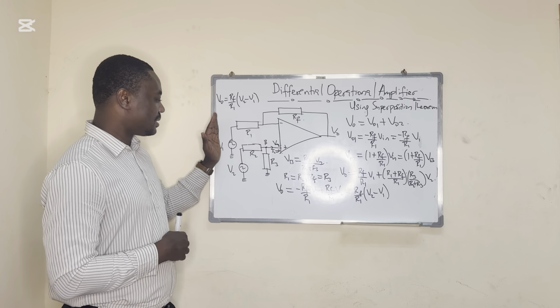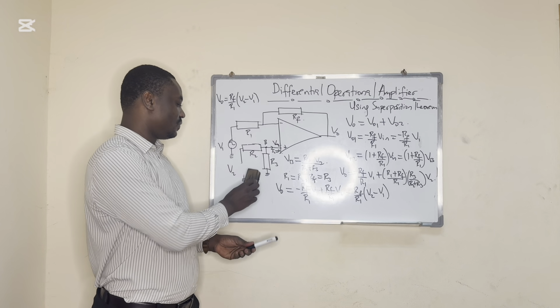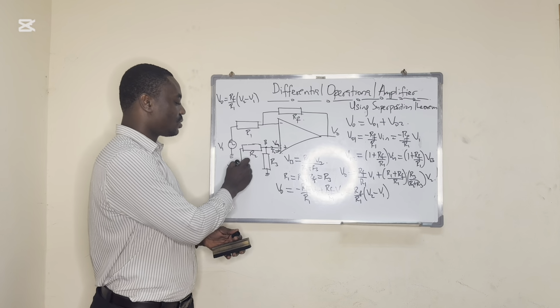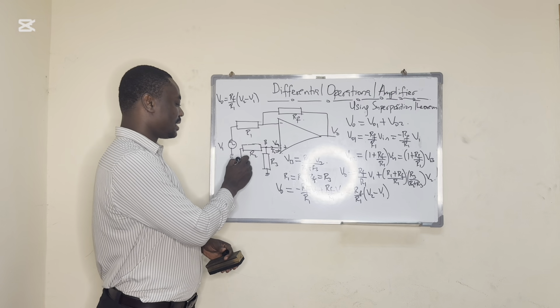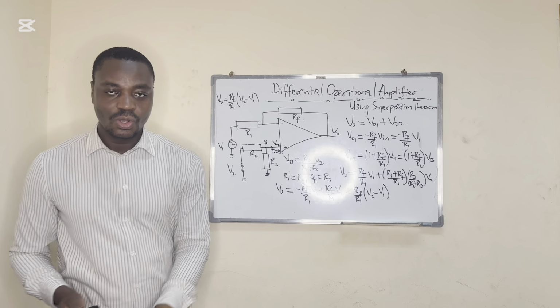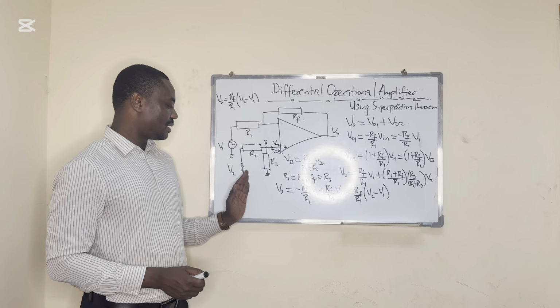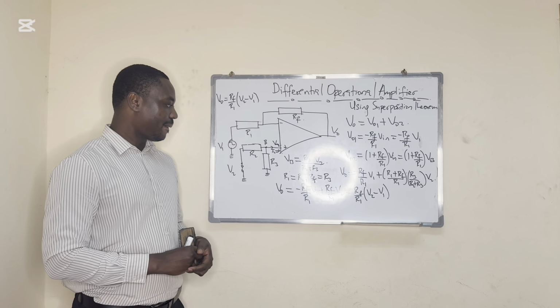So if V1 is active and we turn off V2, to turn off a voltage source, what we do is short circuit it. You just connect a wire to this, and then we get something like this. As we can see, this place is now grounded, so V2 is short circuited.